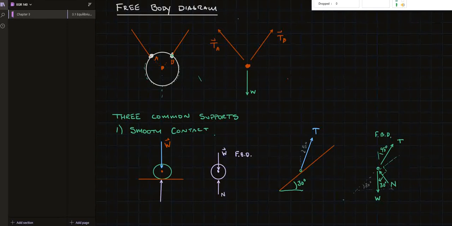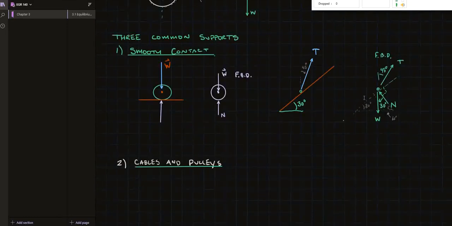This is 90 degrees here, because it's 90 degrees over here, which means this must be 60 degrees. So if this is 60 degrees and this is 90 degrees, now the weight is always vertical. Problems like this must be 30 degrees.